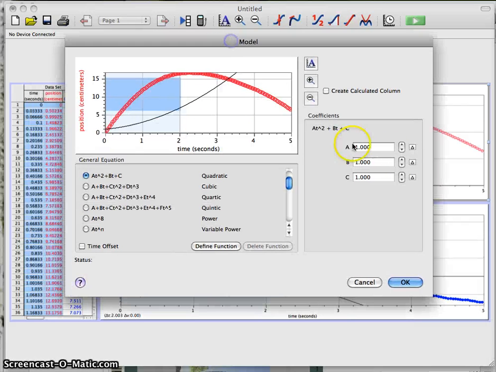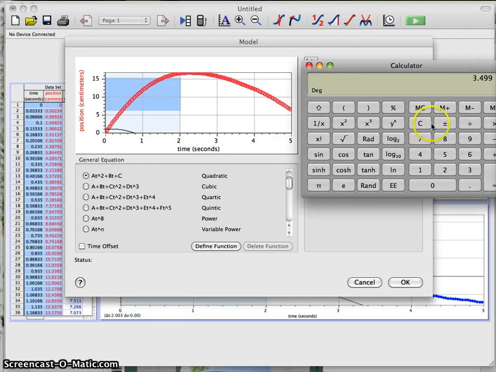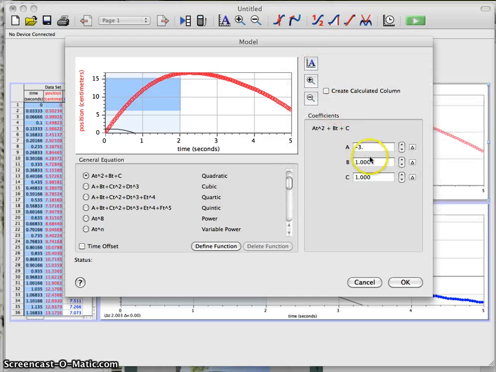Okay. So for my A term, I'm going to write -3.499, which should be half of my acceleration.